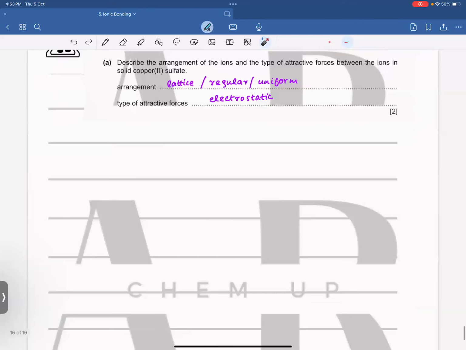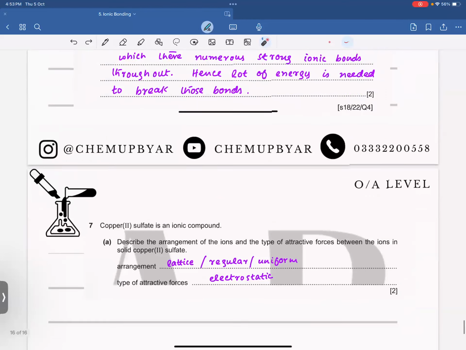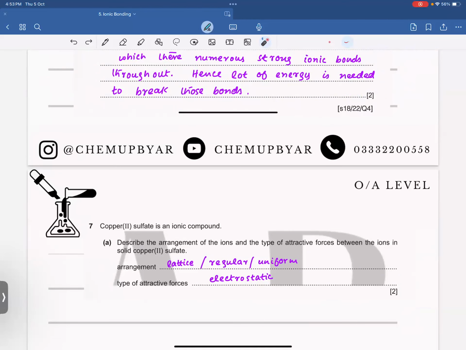So we have observed all the types of questions that have been asked for ionic bonds. And these similar questions have been asked many times repetitively using different compounds.